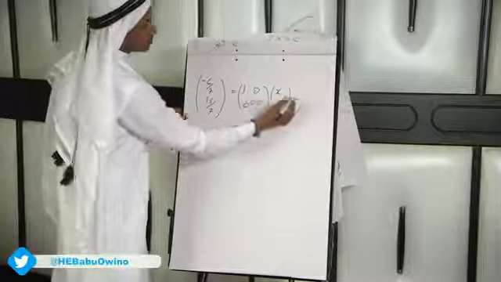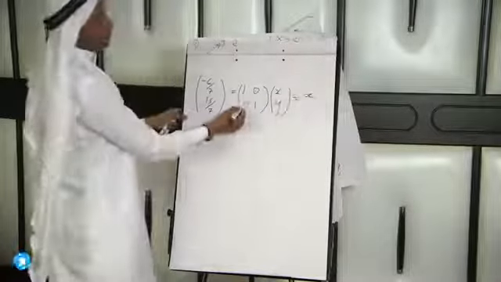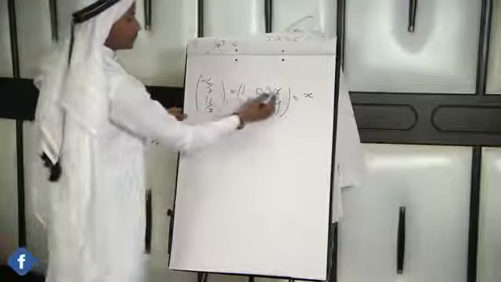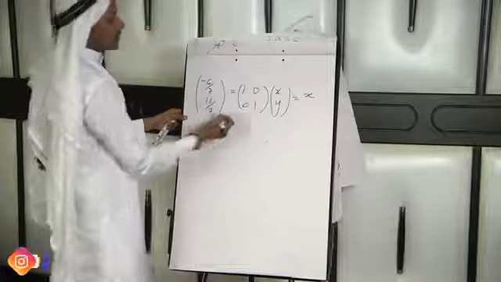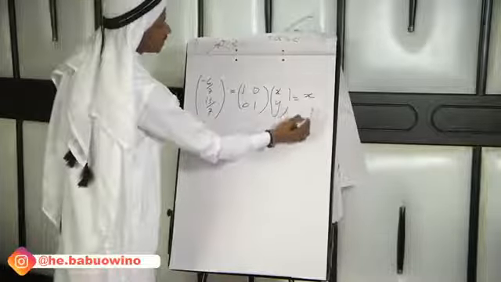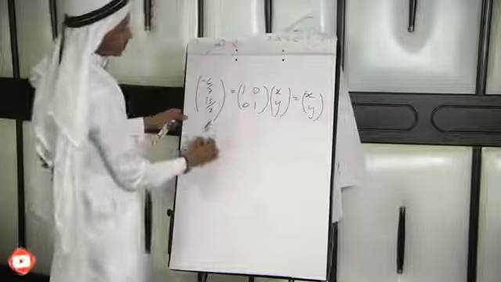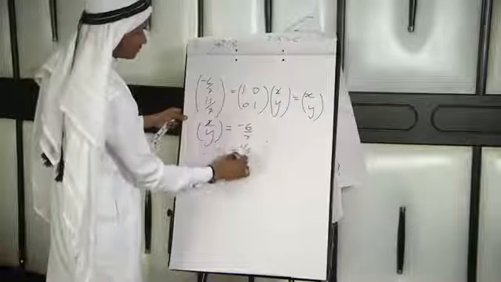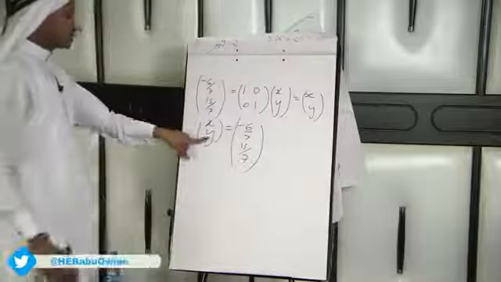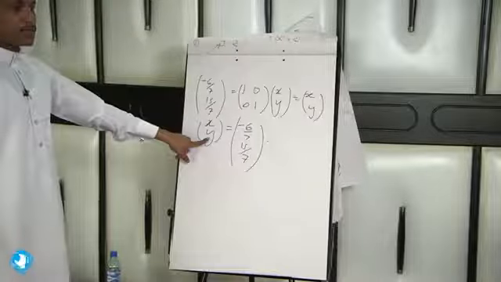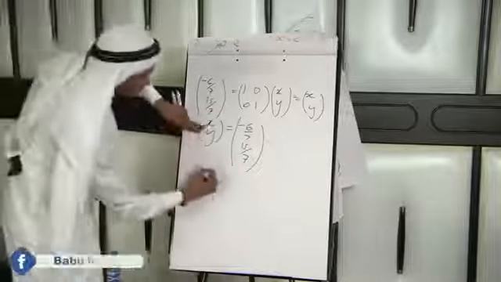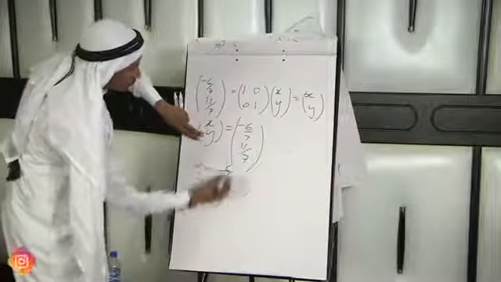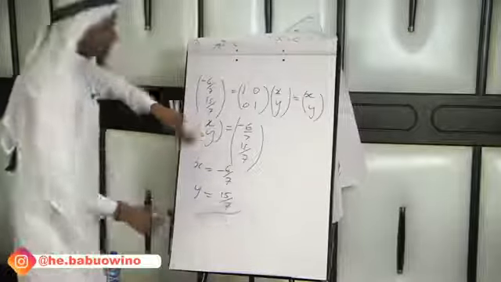So X plus 0 is X. Then 0 times X is 0 plus 1 times Y is Y. So the value of XY equals to minus 6 over 7, 15 over 7. So this is our answer that we require. X equals to, just pick the first value, minus 6 over 7, and Y equals to, you pick the next one, 15 over 7.